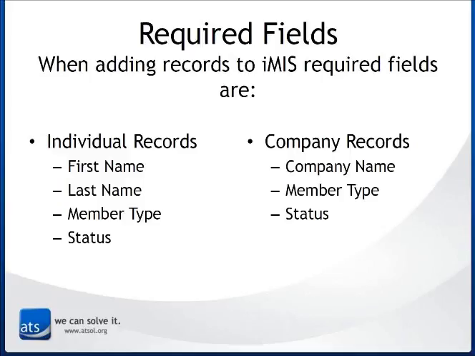If they don't have an existing record, what you'd want to do is create the individual record first and then attach the company record to their names. Also, if it's a brand new company record, what you would want to do is add the company itself, or the companies themselves, on the spreadsheet first, and then add the individuals to that company afterwards.